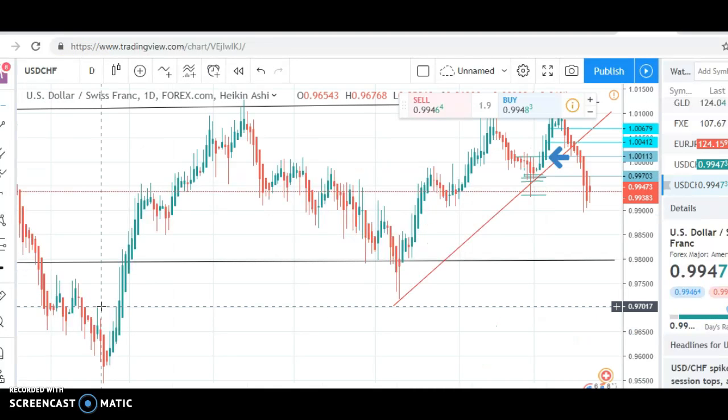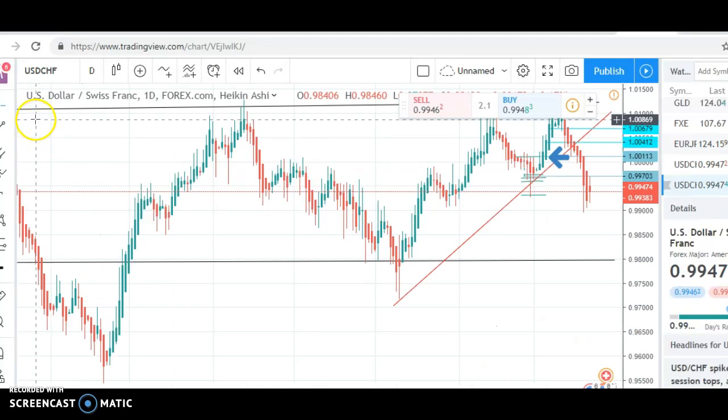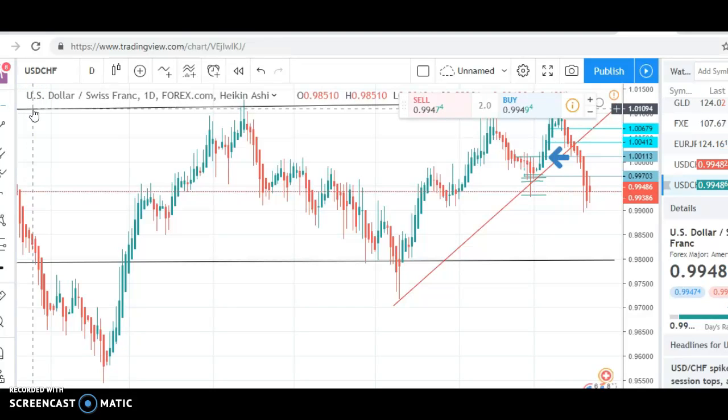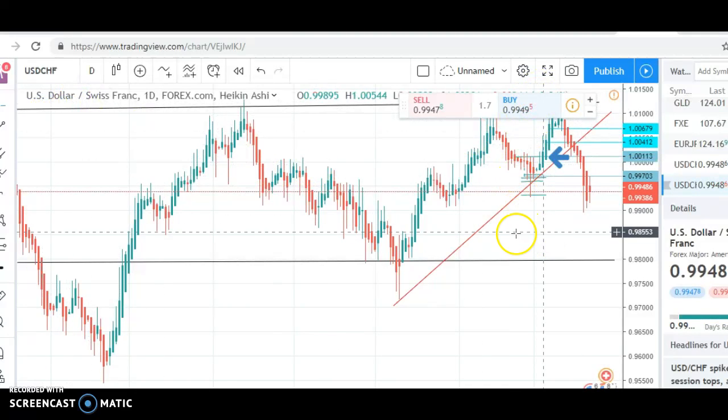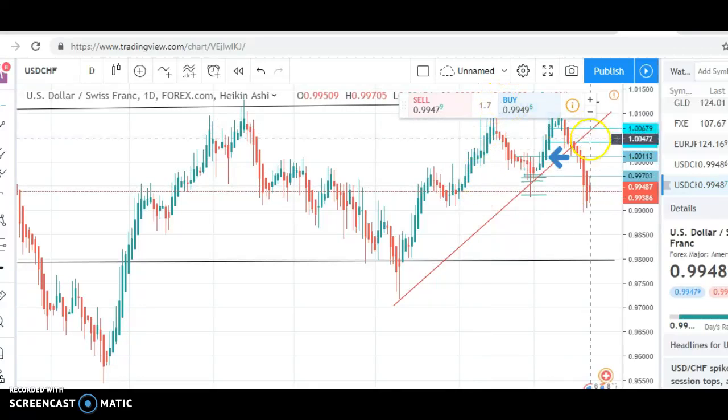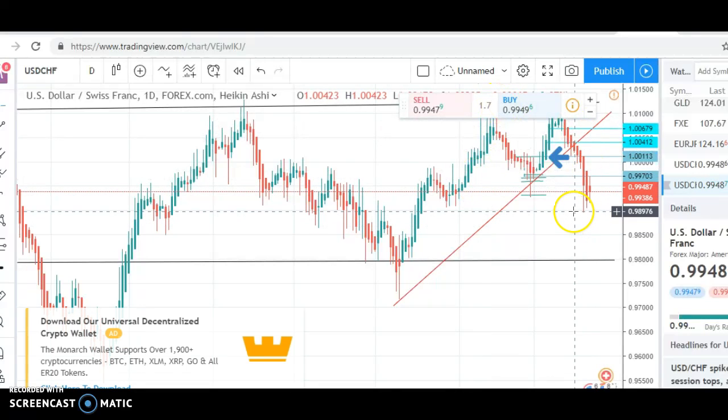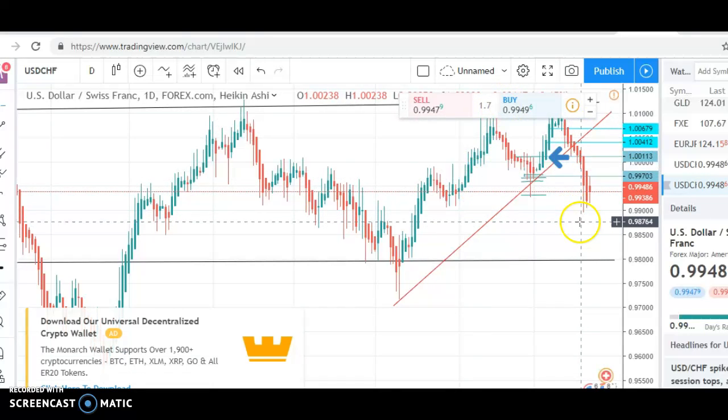You can see at this point I drew this the last time, in a video a while ago. I drew these two lines here, the support and the resistance line. I told you when it hits here, it's going to come down here. For the past couple of days USD/CHF has been selling.